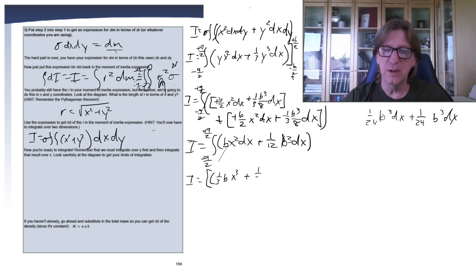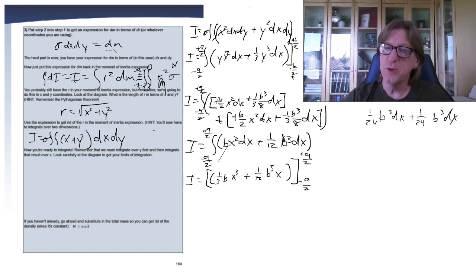So 1/12 b cubed times x, and that has to get integrated from minus b over 2 to plus b over 2. I'm sorry, a. Whoops, that was for y. Let's go ahead and make sure that's clear, because I'm integrating here from minus a over 2 to plus a over 2, so I have to evaluate it from minus a over 2 to plus a over 2.